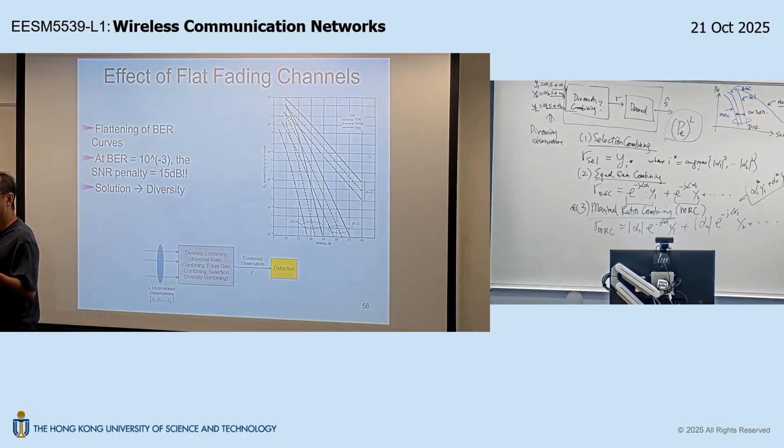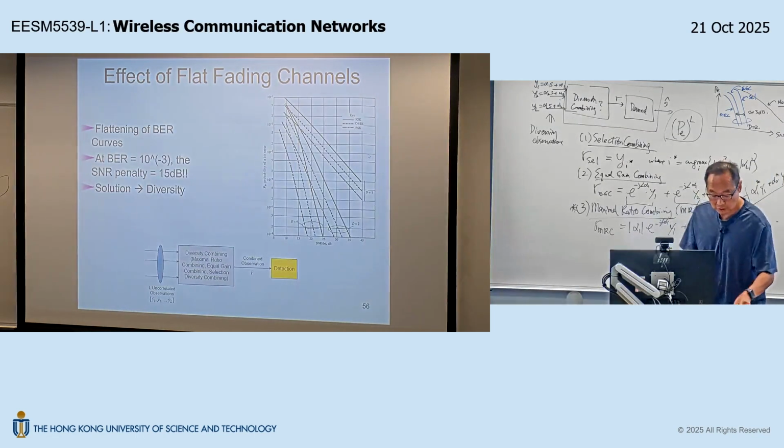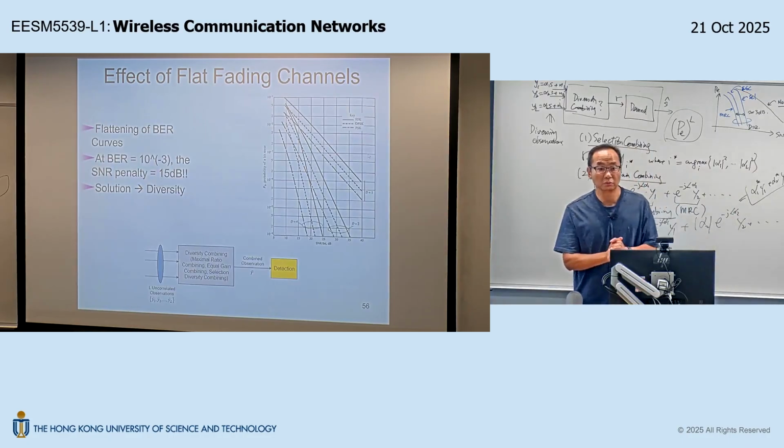So you capture the first order benefit already. The differences between these different combining methods will be the horizontal shift. Is that okay? All right, so this is the answer to the second question. How do we make use of diversity observations before making a decision?